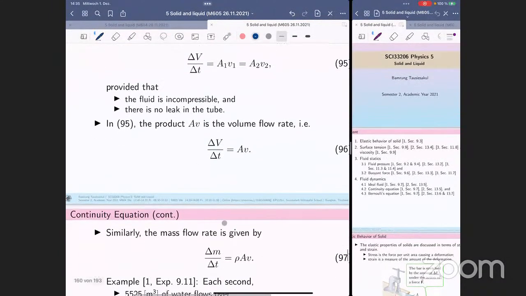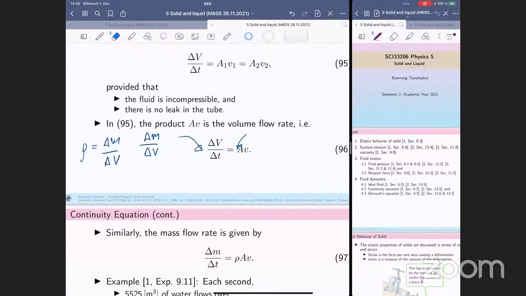Another way is that you just multiply this by the density, rho, at both sides. If you express rho as delta m by delta V, you would have delta m by delta V on the left and on the right hand side solely rho.